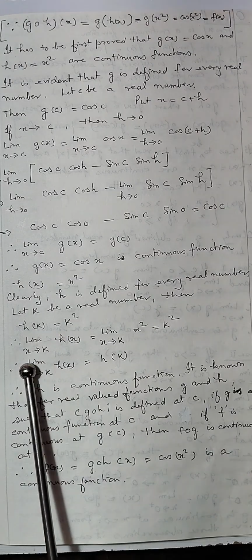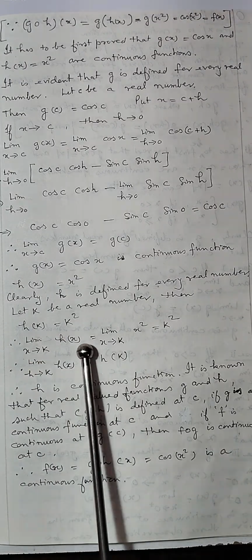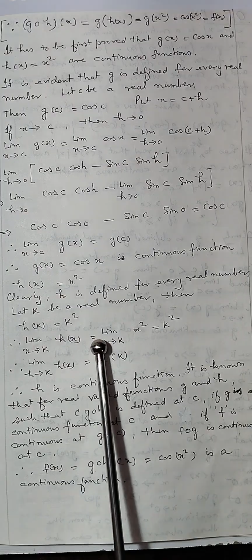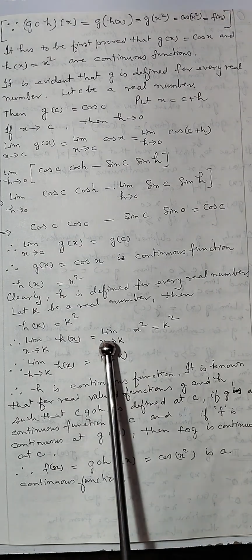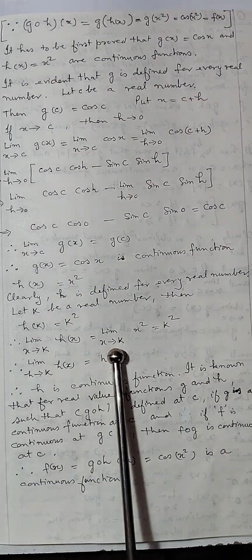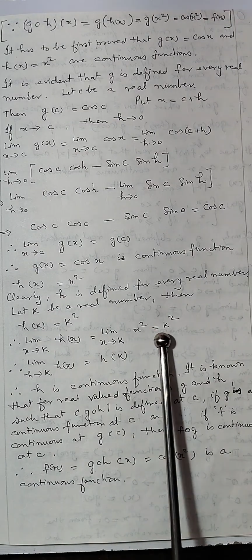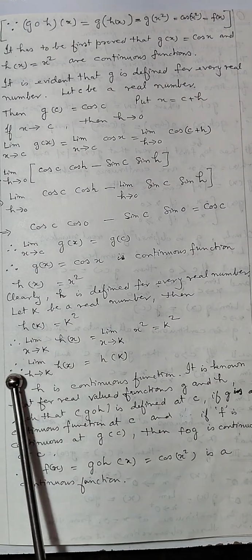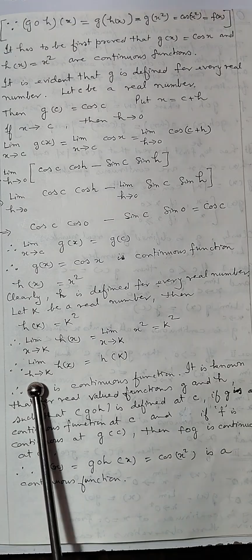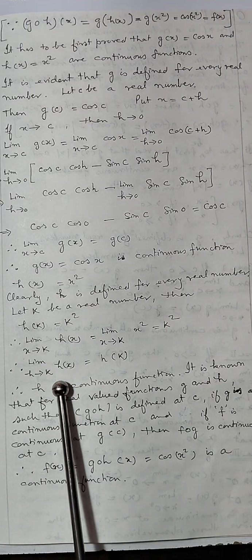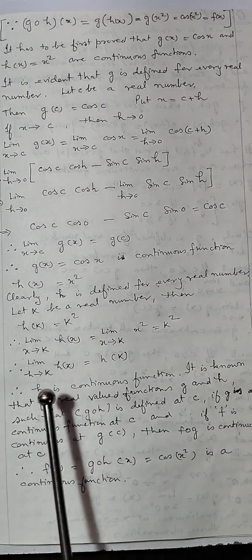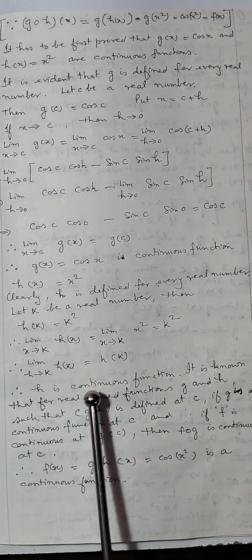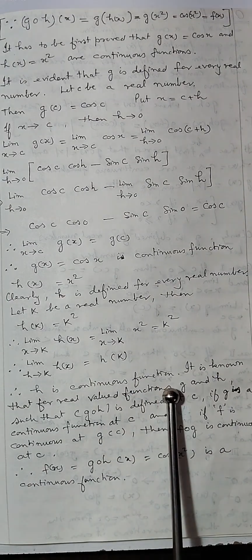Limit x approaching k of h(x) is equal to limit x approaching k of x square, that will be equal to k square. Therefore the limit x approaching k of h(x) will be equal to h(k). Therefore h is a continuous function.